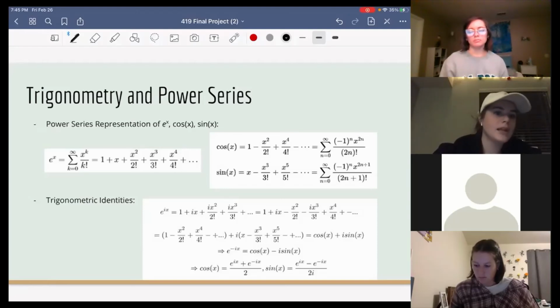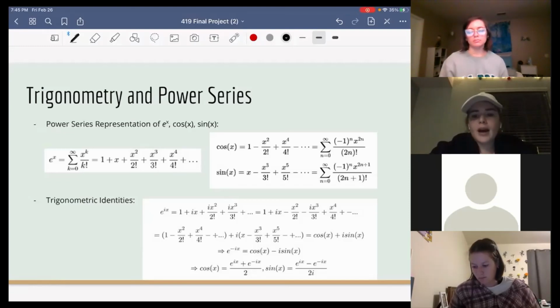Using a very similar process, you can get the fact that e to the negative ix is equal to cosine of x minus i sine x. If you add the two equations, e to the ix plus e to the negative ix, you will see that cosine of x equals e to the ix plus e to the negative ix over 2.